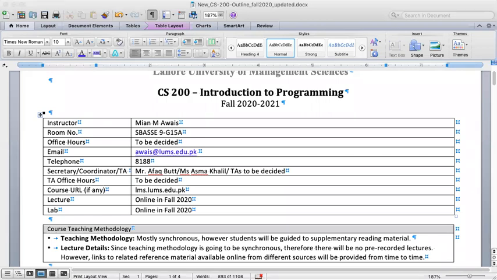अच्छा जी, there was probably Hamza Rafi who raised his hand. I think you should be able to unmute, Hamza. सर, मेरा ये सवाल था कि हमने आईडी कौन सा यूज करना है, कोड ब्लॉक्स यूज करना है या फिर कोई दूसरा? वो probably by tomorrow you'll get the handout.